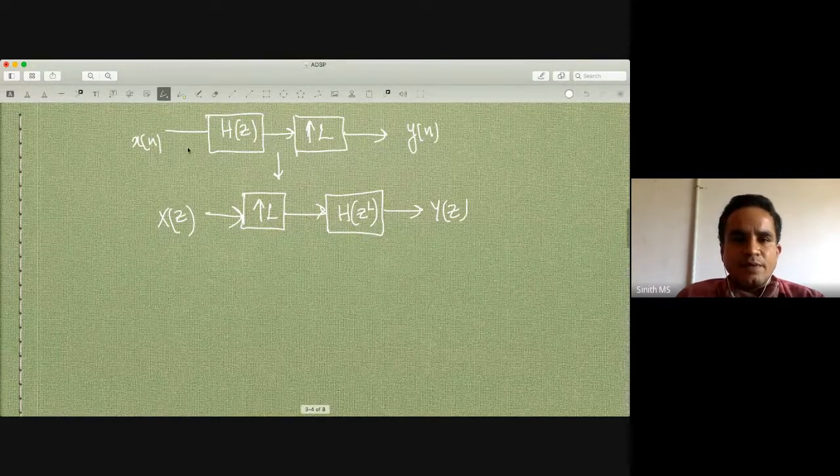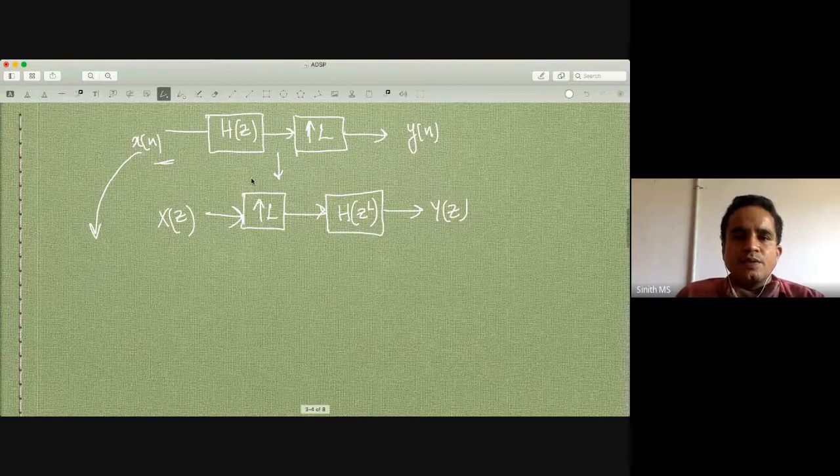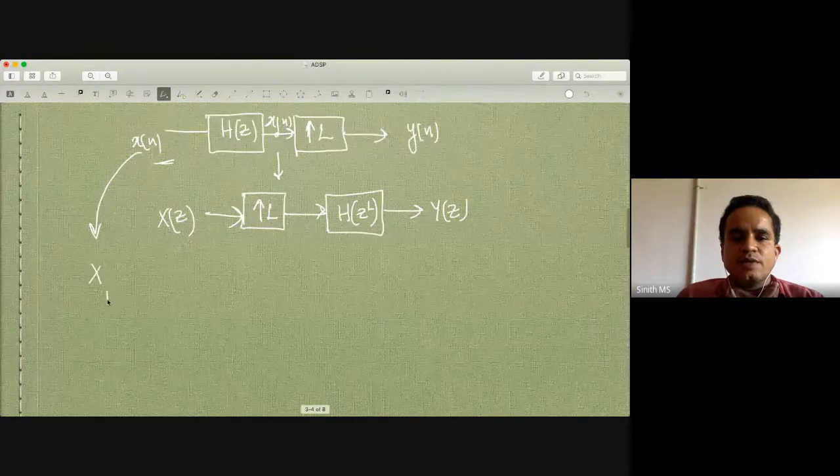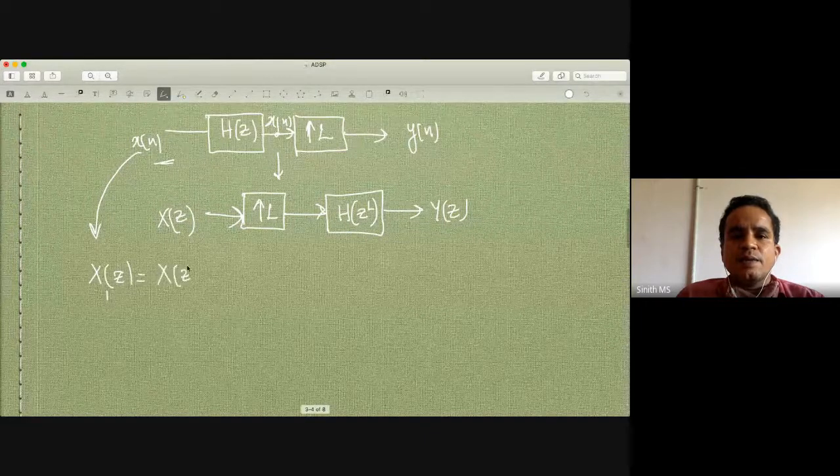So let us verify this. You have x(n) here. Let us take the first case. Suppose you call x1(n) this, which has a z-transform X1(z). It is basically X(z) multiplied by H(z).